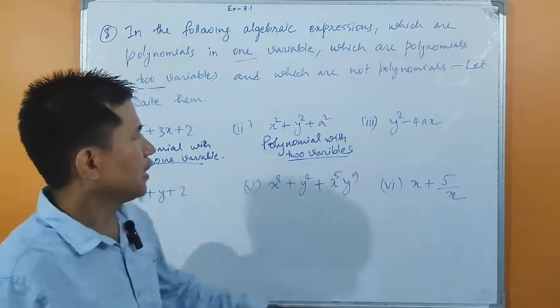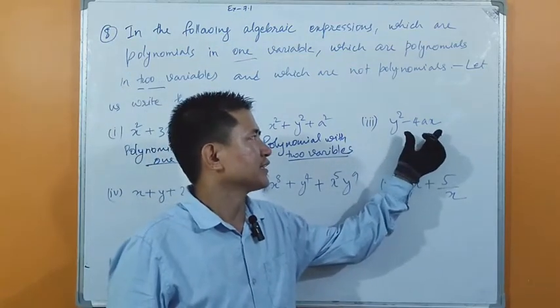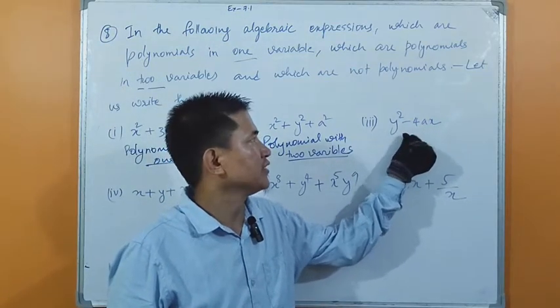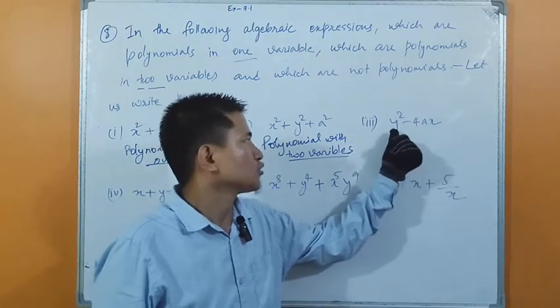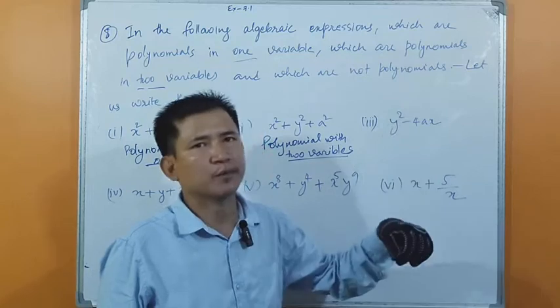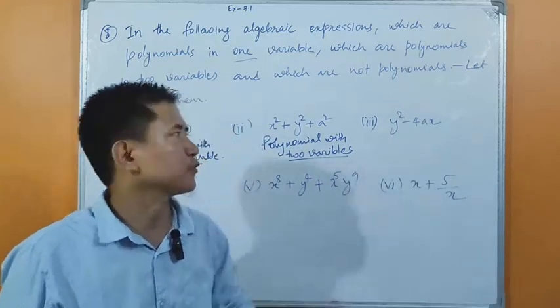Okay, let's see this. First of all, let us see, is this a polynomial or not? There are two variables x and y, 4 and a are constants. So the power of y is +2, which is a positive whole number, and the power of x is +1, which is also a positive whole number.